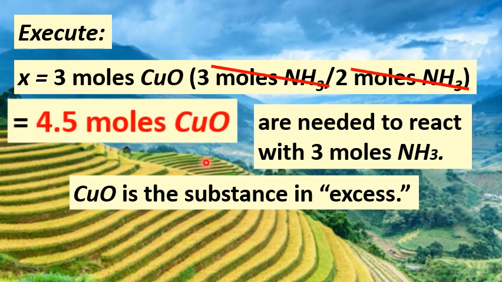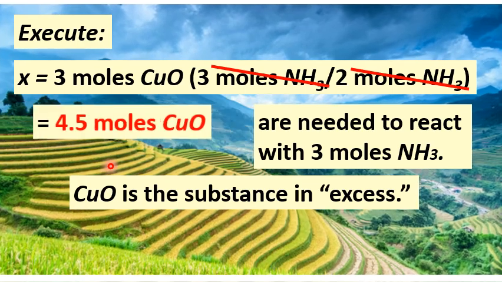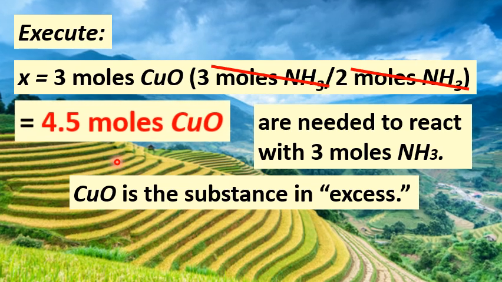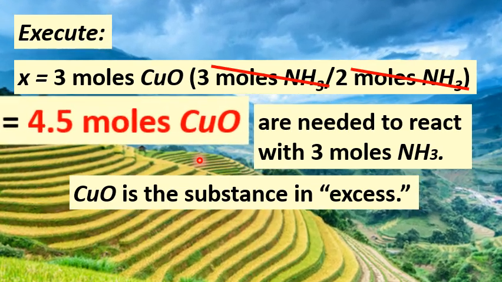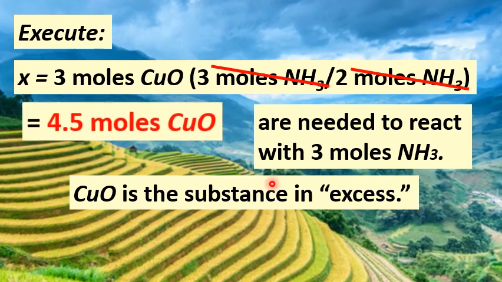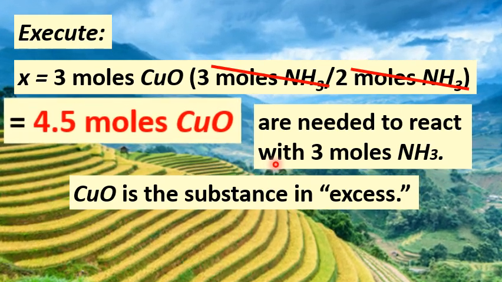And in this step 2, we found out that only 4.5 moles of cupric oxide is needed to react with 3 moles of ammonia.